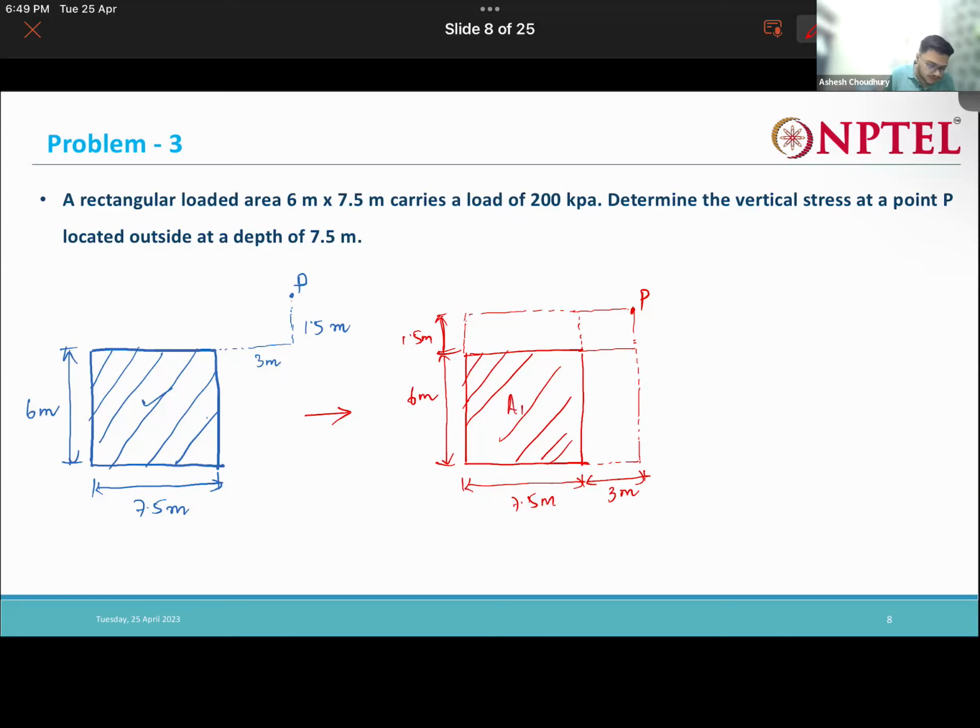Let us name A1, A2, A3, A4. Okay, so these A3, A4, A2, these are our fictitious areas. Okay, so what we will be doing is that we will be determining the factor K for all, and we will be actually subtracting these factors which we calculate for A2, A4, and A3. Okay, and we will be adding the one for A1. Okay.